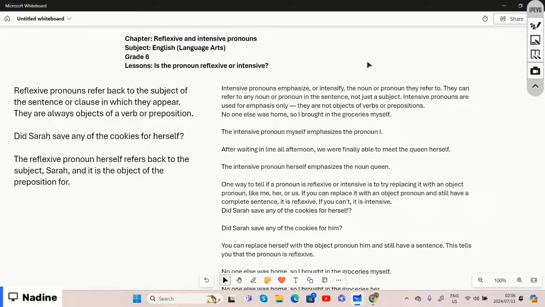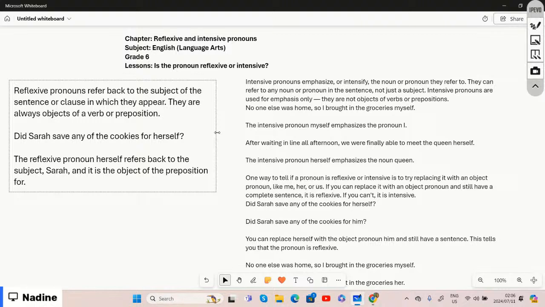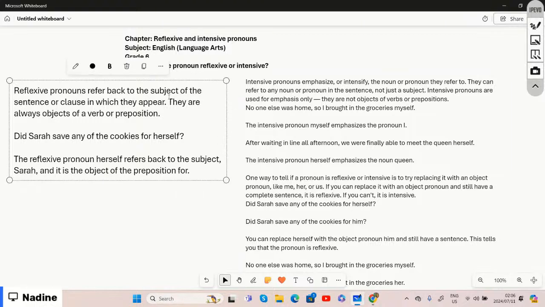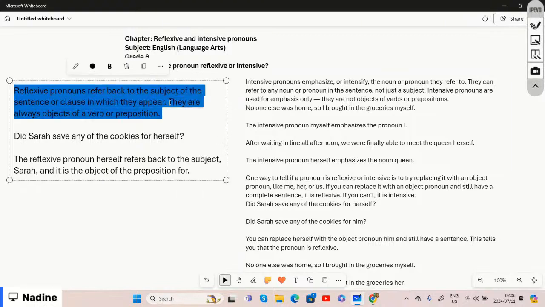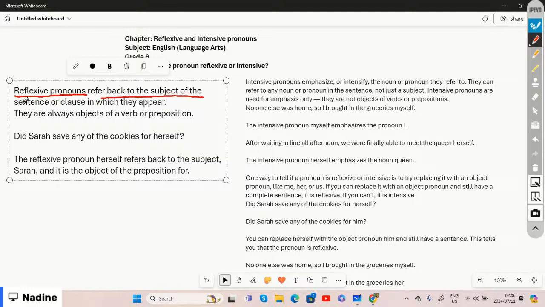All right, so a reflexive pronoun. We said a reflexive pronoun refers back to the subject of the sentence, or it refers back to the clause in which it appears.